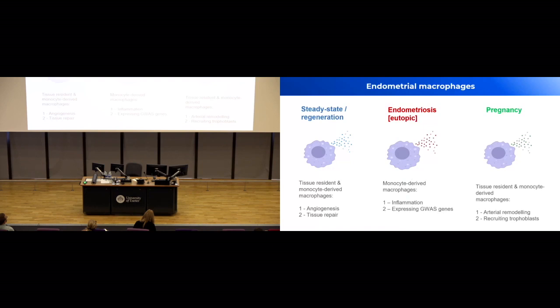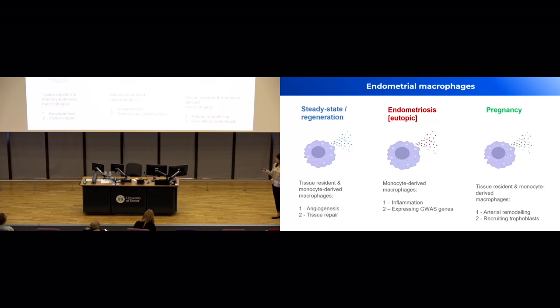So to conclude the work we have been doing on the macrophage side, we have been seeing that macrophages are crucial for the regeneration of the tissue: they contribute to angiogenesis and are crucial for tissue repair, but some of these monocyte-derived macrophages are altered in endometriosis. They are sustaining inflammation.